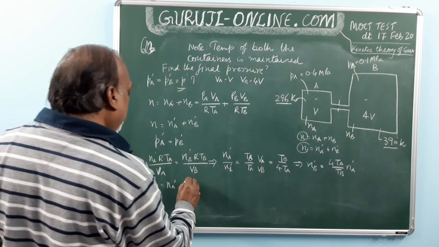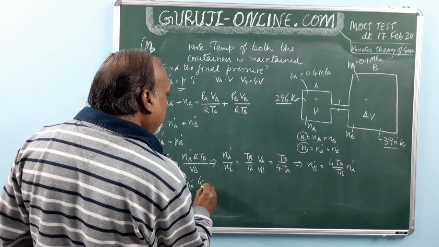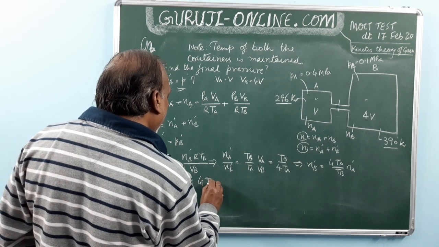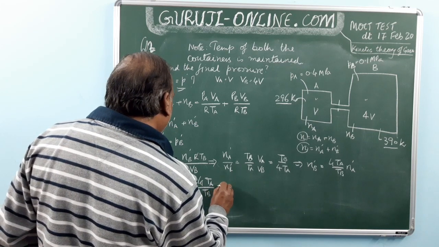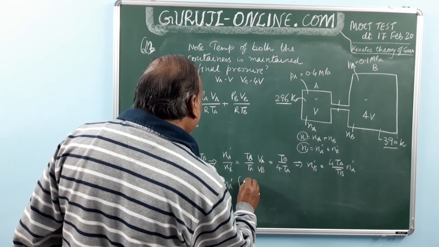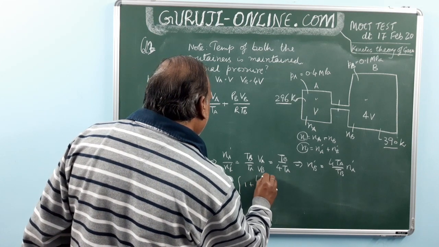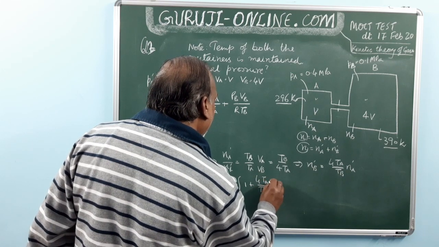So 4 Na dash, 4 Ta upon Tb. This will be Na dash 1 plus 4 Ta upon Tb.